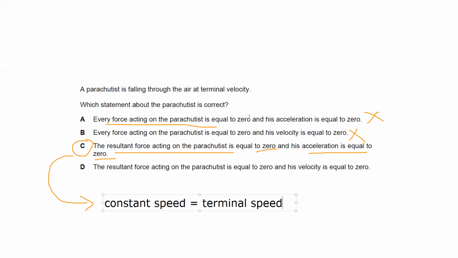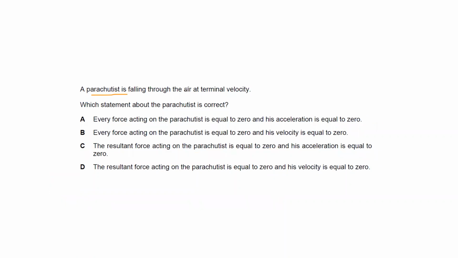Any doubt in this? Whenever the question says the parachutist is falling through air at a terminal speed, what is the meaning of terminal speed? The term terminal speed means constant speed. And when speed is constant, there should be no acceleration.